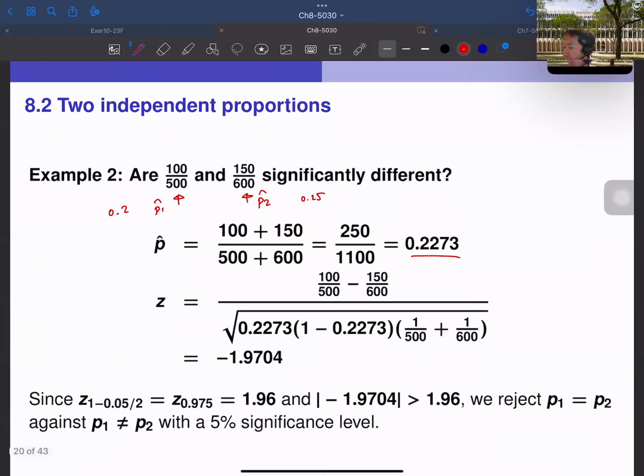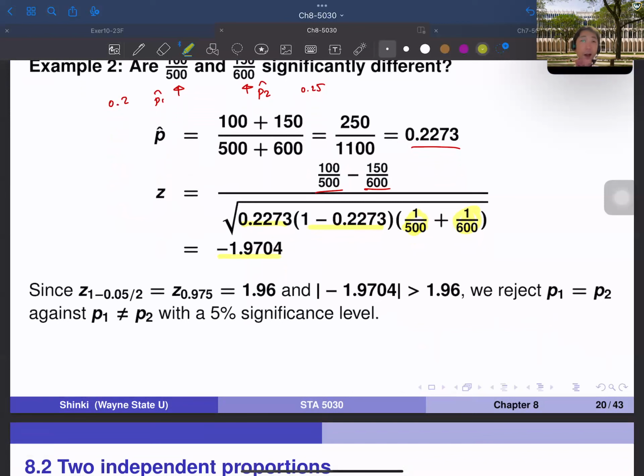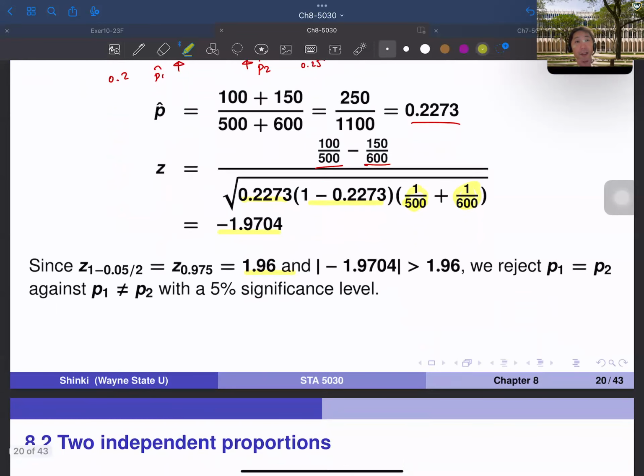Then we calculate the z-value: P1 hat minus P2 hat, divided by the square root of P hat times 1 minus P hat times 1 over N1, the sample size for sample 1, plus 1 over 600, the sample size for the second one. The z-value is negative 1.97, slightly larger in absolute value than the threshold. So we reject the null hypothesis at the 5% significance level. Now we conclude that P1 minus P2 is not equal to 0, or P1 is not equal to P2.